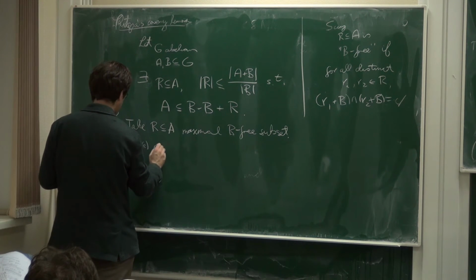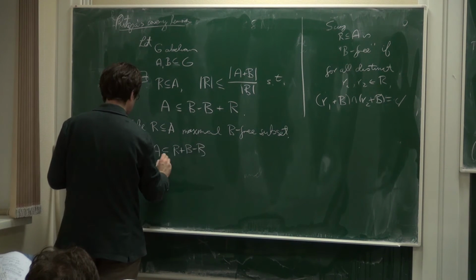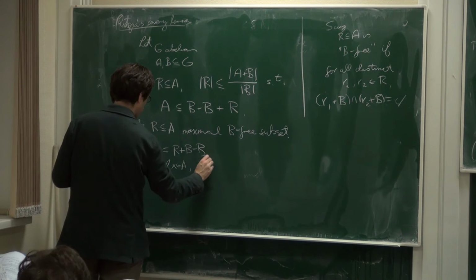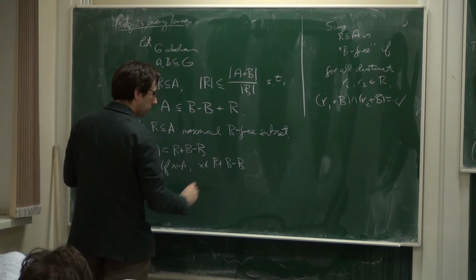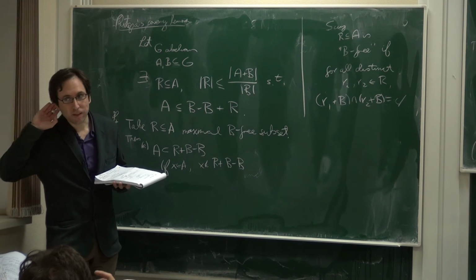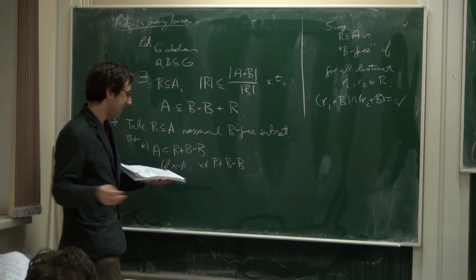first of all, I claim that A is indeed covered by R plus B minus B. Why? If there were an x in A that were not covered, then what could we do with that x? You could put it into R, so R would not be maximal.